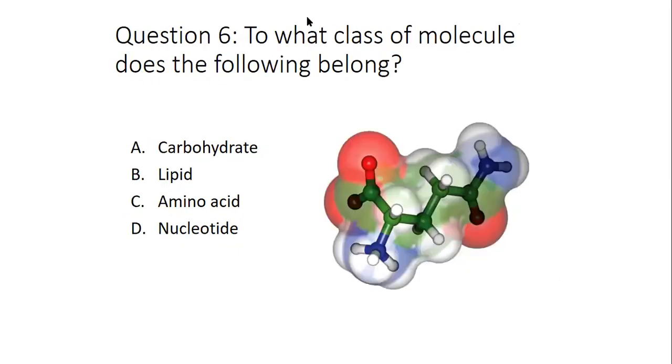How about this? We're looking at a different representation here. So this one's a little more tricky than the rest. But what class of molecule are we looking at now?